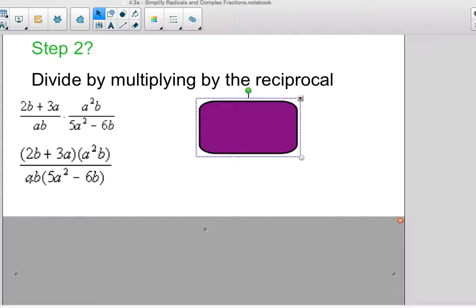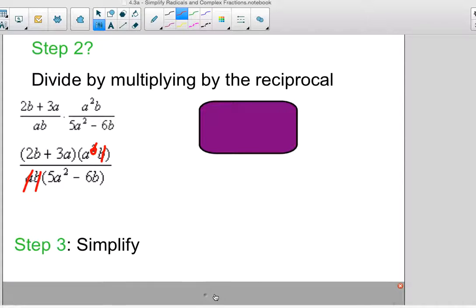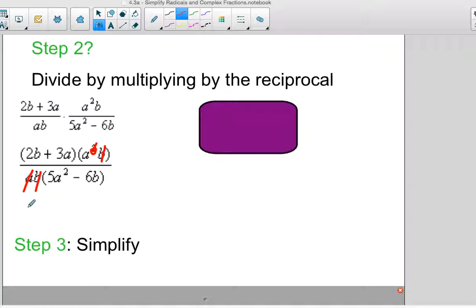Didn't even multiply through, actually. They just kept it in that form, which is actually better because from here you can see what cancels. So I have an a, which would cancel with one of the a's, a b, which would cancel with one of the b's, and that would be your final answer. Step 3 is just to simplify, which is what we just did.